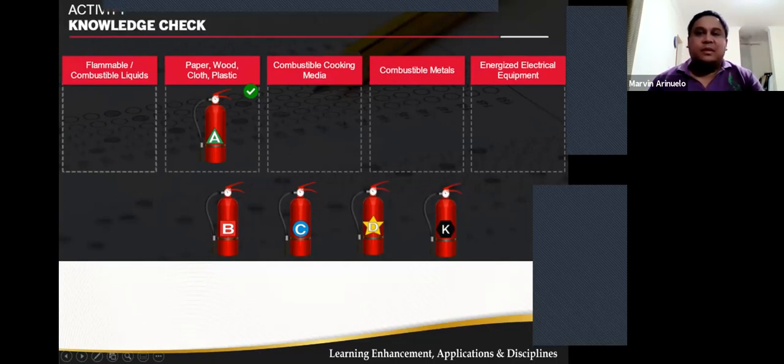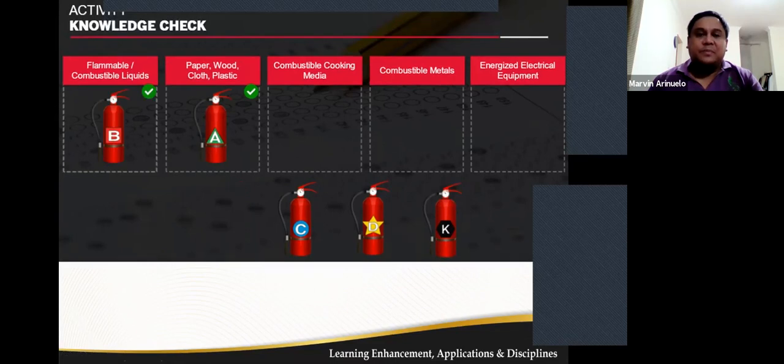For the Class B fire, we can use it on combustible liquid. We discussed it also last meeting. Class C is for energized electrical equipment, either Class B or A fire.